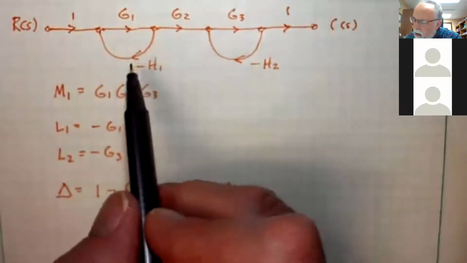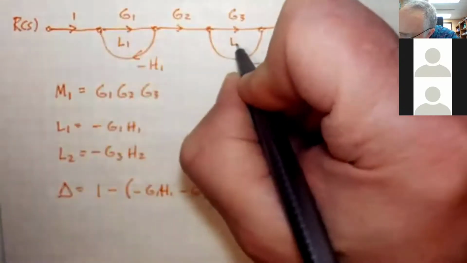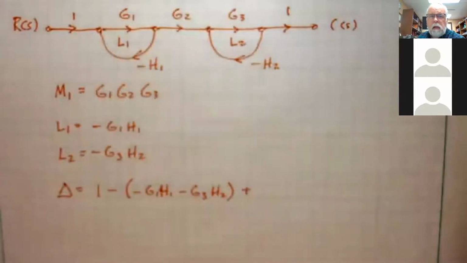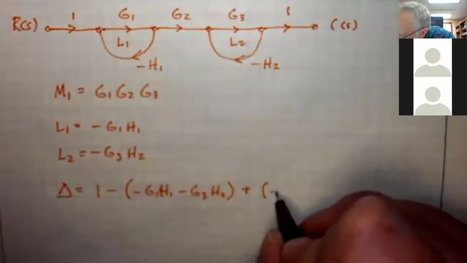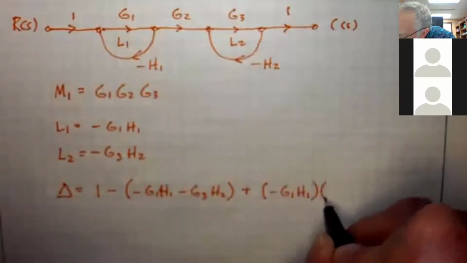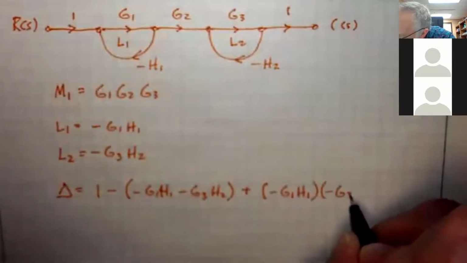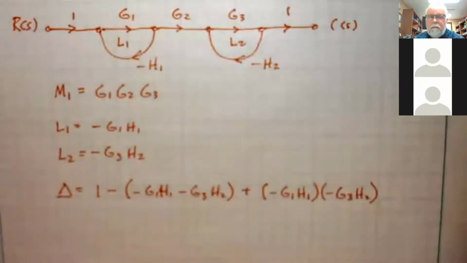Do we agree that loop 1 and loop 2 are not touching? Yep, not touching. Okay. So we're going to do the product of those. Minus G1, H1, minus G3, H2. We don't have 3 loops that are non-touching, so we're done with our delta.